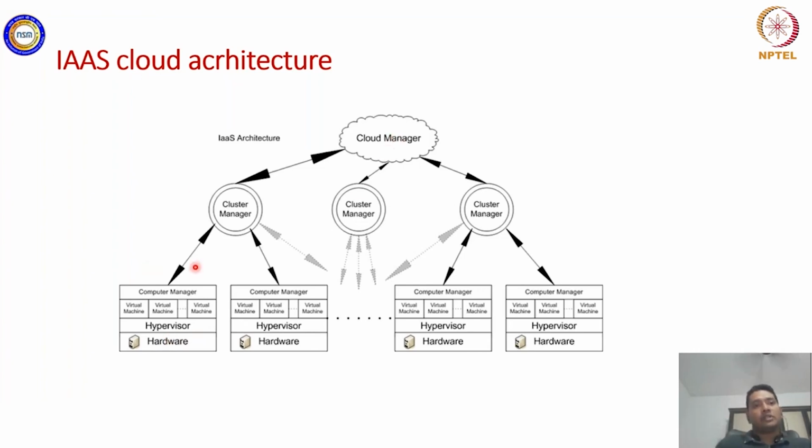So let's say one user is trying to access some resources in this virtual machine, and another user can access that virtual machine, but everybody talks to the cloud manager through the cluster manager, and the cluster manager talks to the compute manager through a high bandwidth network.